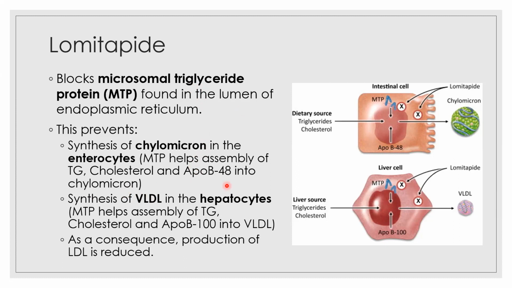So if you block MTP, you block the synthesis of chylomicron, and synthesis of VLDL in the hepatocytes is also blocked, because both VLDL and chylomicron are rich in TG. As a consequence, production of LDL is reduced as well.